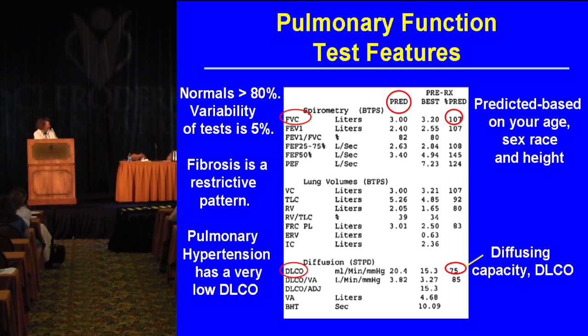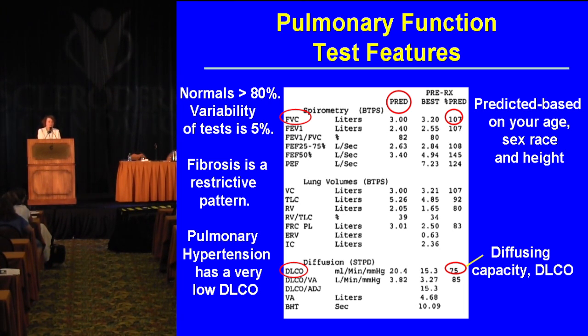So here are the ones that I've talked about: the forced vital capacity, the FVC, and the DLCO. Usually they're measured like this. This is what they call spirometry. Another one's lung volumes. These are fancier things, and then the diffusing ones. What they do is compare this to what's, quote, predicted.